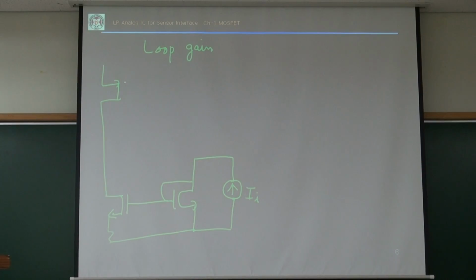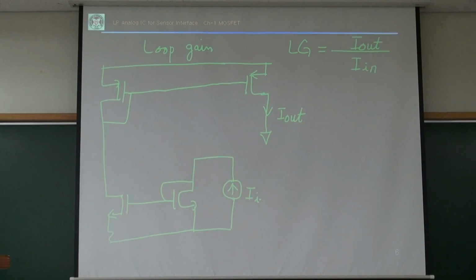I calculate this I out, so my loop gain is just I out divided by I in. This is I in.